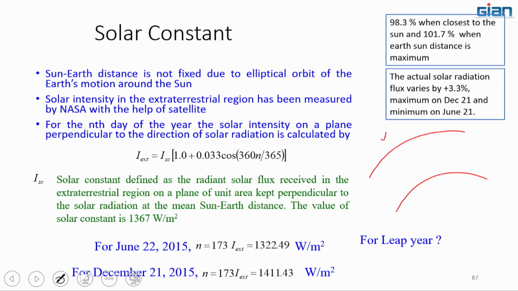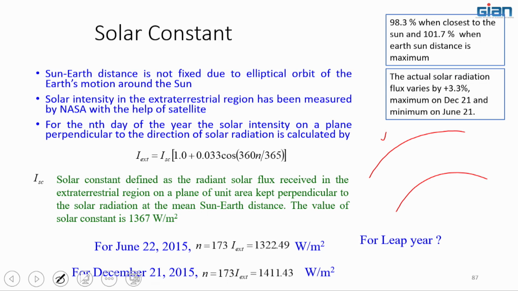Beyond this, it is not affected by any elements. When solar radiation comes through the earth atmosphere, what we receive is in attenuated form. That means solar radiations are attenuated by absorption and scattering. Okay, how this will happen, I will explain soon.